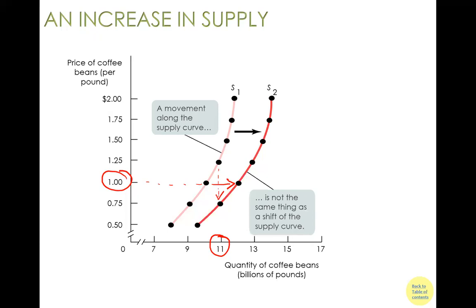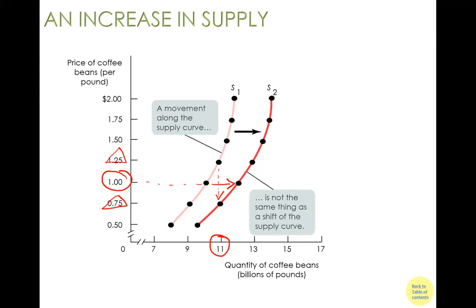Because before they wanted to charge you $1.20, now they are willing to sell at 3/4. So these are two ways to understand why a rightward shift of the supply curve is an increase in supply.